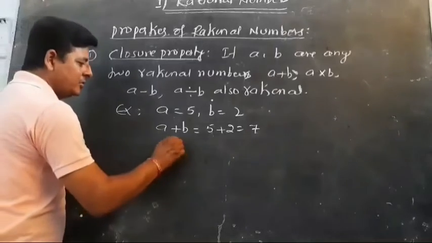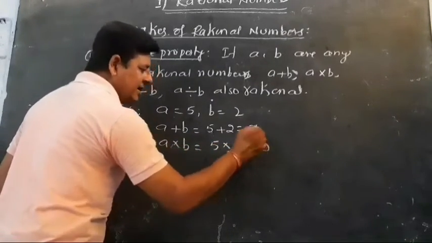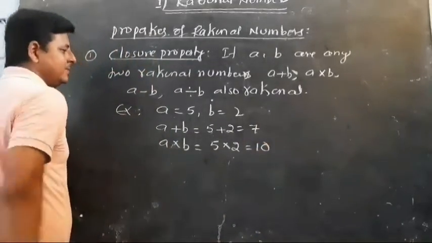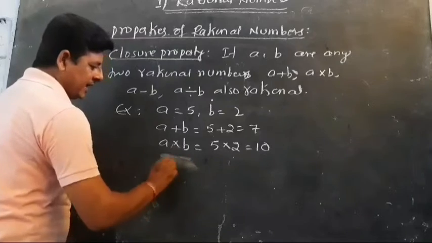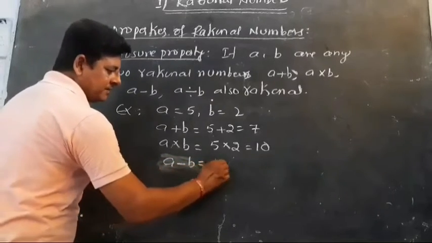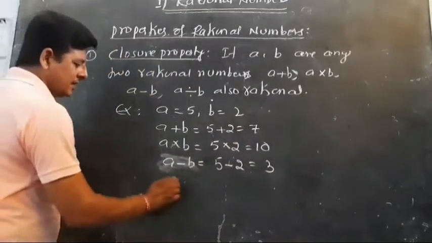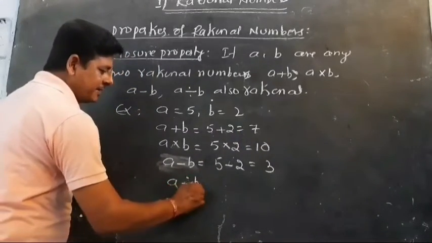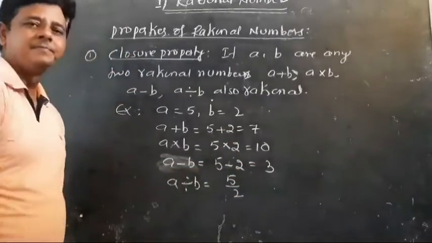Next, a into b. 5 into 2, 10 is also a rational number. Next, a minus b, that is 5 minus 2, 3 is also a rational number. And a divided by b, that is 5 by 2, 5 by 2 is also a rational number.